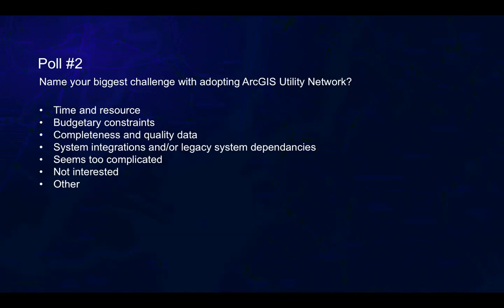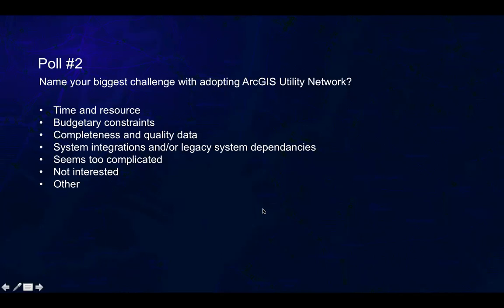It's really your legacy dependencies. You're probably wondering how easy it is to integrate with this new system. And of course, budgetary constraints in terms of the level of resources needed to invest. Thanks for that.